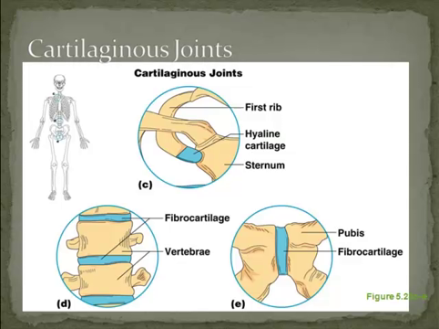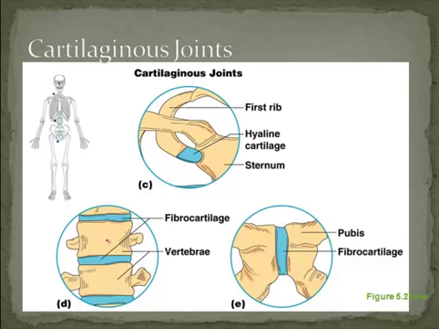And fibrocartilage is another type of cartilage, and one of the main places it's found is in the intervertebral discs that you're familiar with. So if you ever heard of someone slipping a disc, that's their fibrocartilage. So these both act as a cushion for the vertebrae, but also it helps connect them together. So these have more movement than the fibrous joints.